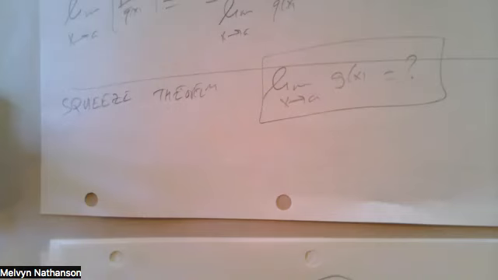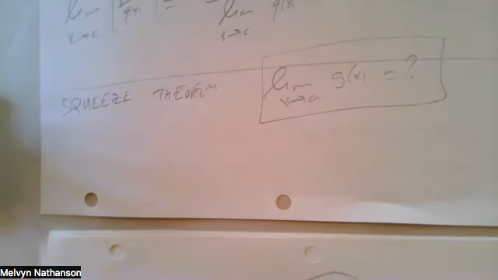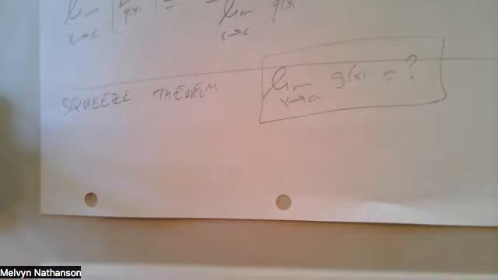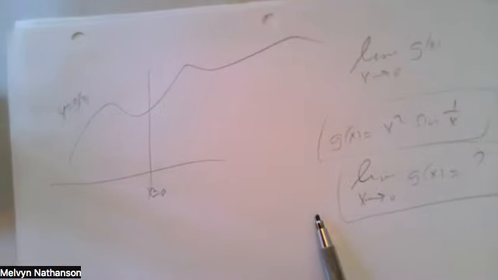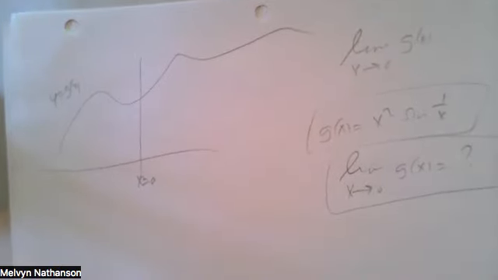And say we want to find the limit as x approaches 0 of g of x. First of all, you have to notice you can't even plug x equals 0 into this, because 1 over 0 isn't defined.